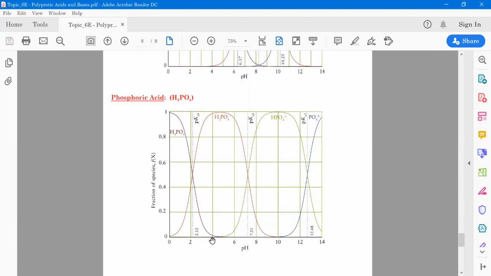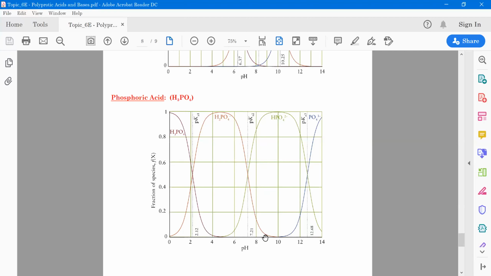With a further increase in pH, when I reach a pH of around 5 or thereabouts, essentially all of the phosphorus-containing species in solution is dihydrogen phosphate. A further increase in pH causes the dihydrogen phosphate to start ionizing some more, producing hydrogen phosphate. They cross and become equal at a pH of 7.21, which is the pKa2 of phosphoric acid.